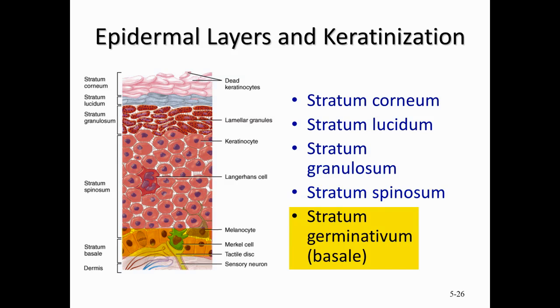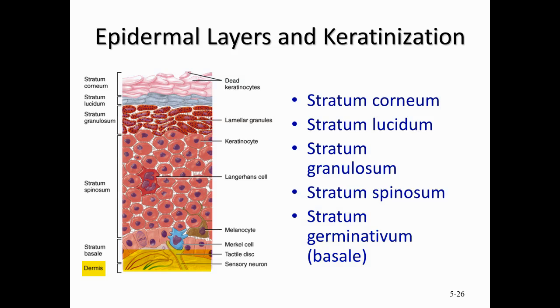The older name germinativum refers to the fact that this is where mitosis is taking place. These are germinative cells. Again, if you think about planting a seed, you water it, what do you hope that seed does? Germinates. What that means is the cells are dividing and splitting, and that's exactly what's happening in this basal layer, or germinative layer here.